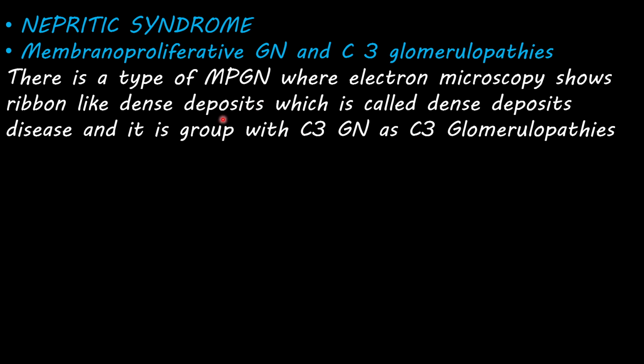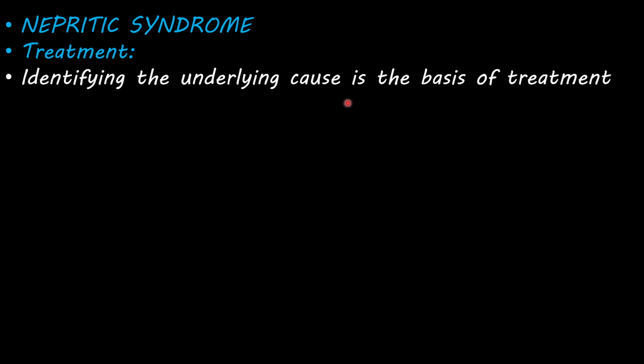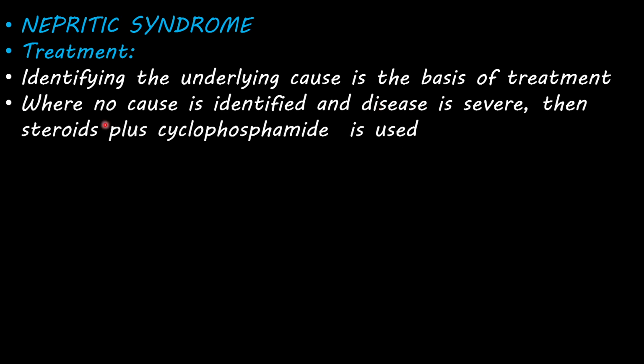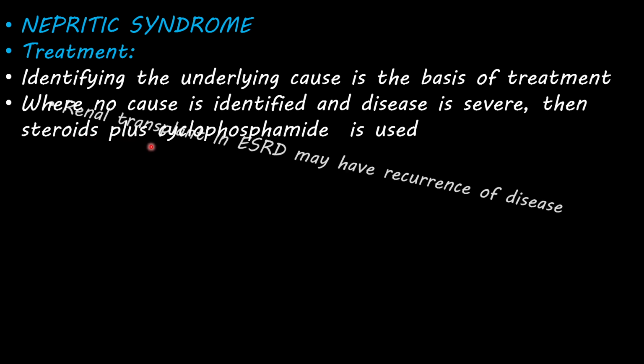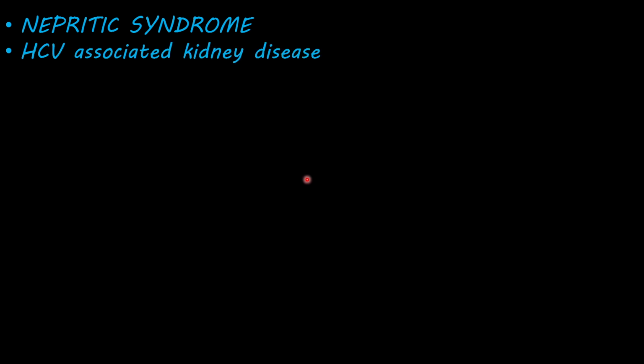Dense deposit disease along with C3 glomerulonephritis are together called C3 glomerulopathies. Treatment: identifying the underlying cause is the basis of treatment. Where there is no cause and the disease is severe, then steroid plus cyclophosphamide is used. Renal transplant in end-stage renal disease may have recurrence of the disease.